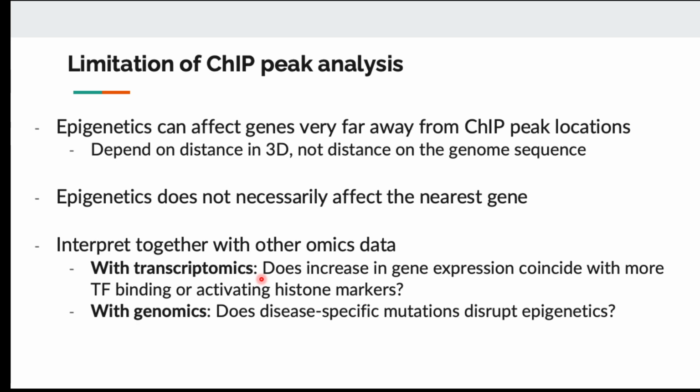regulation. Okay, so up to this point, we understand how to call peaks from ChIP-seq data and how we can annotate the function to the peaks. Next, we want to do the second thing, which is to identify whether our protein, our transcription factor, binds to a specific DNA pattern.